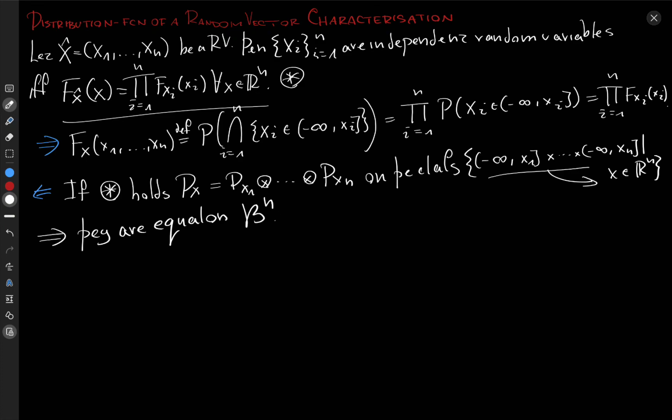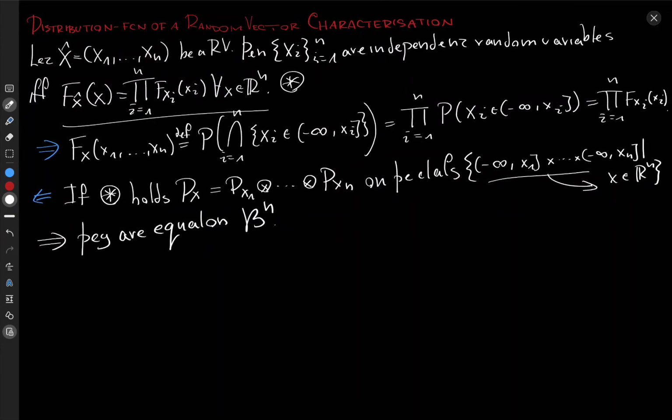But if they are equal, well, that means then that since the measure is equal to this measure, this satisfies then the definition of random variable independence, which is precisely what we wanted. Thus, the random variables making up the random vector x are mutually independent.